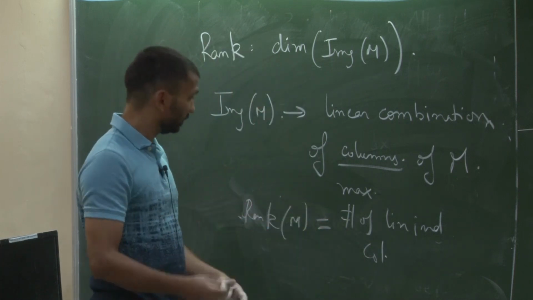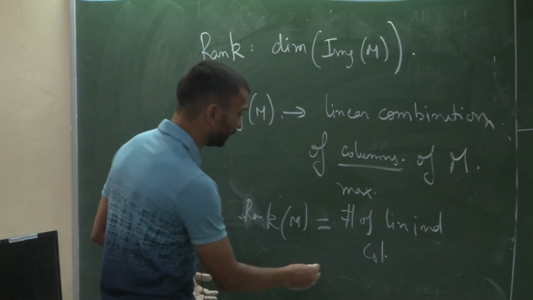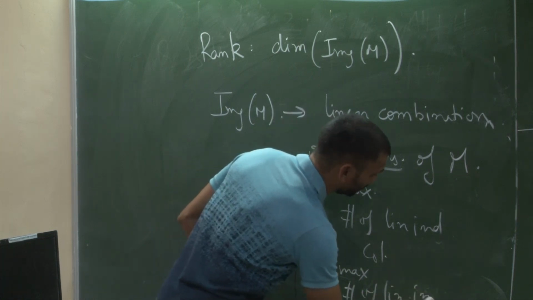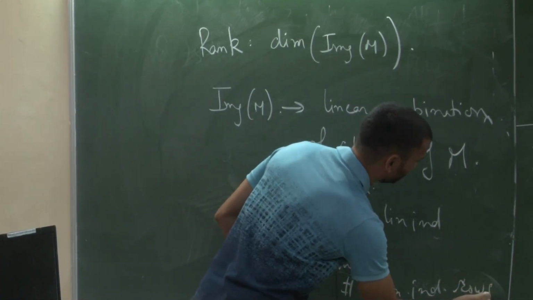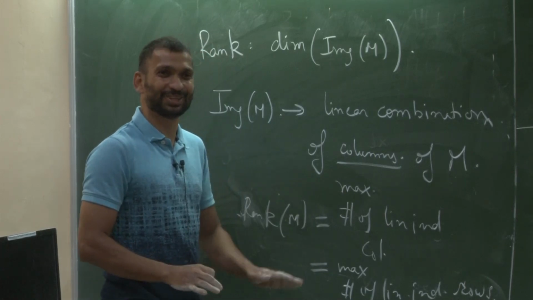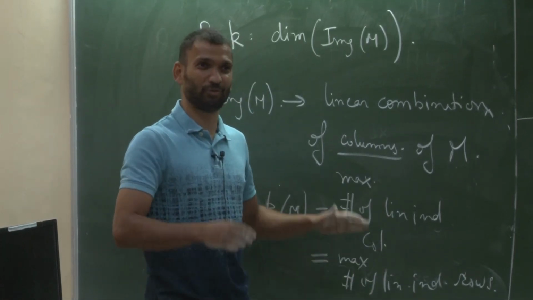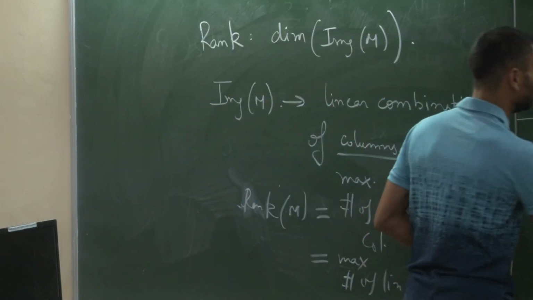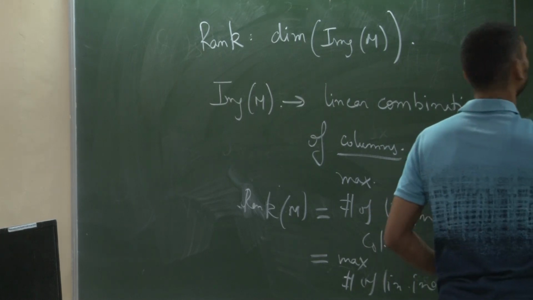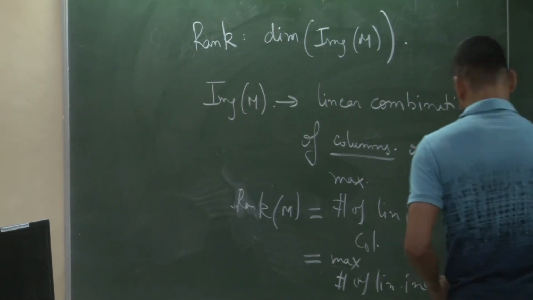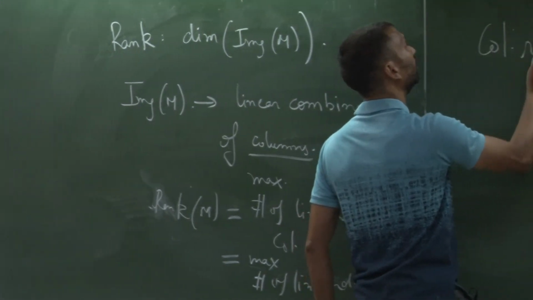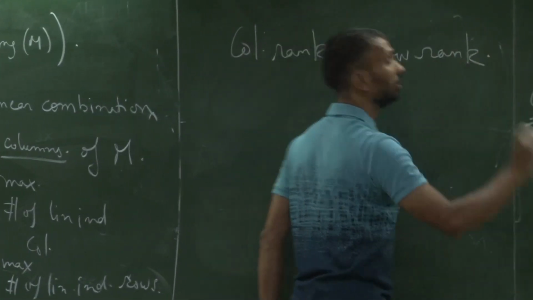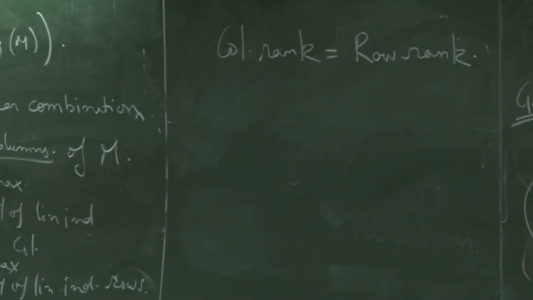And if you believe in the sanctity of this world, then this should also be the maximum number of linearly independent rows. No, there is no good reason to believe that this is equal, but we know that this is actually equal, right? So we know that column rank is equal to row rank. And if you are seeing this thing for the first time, this should surprise you.